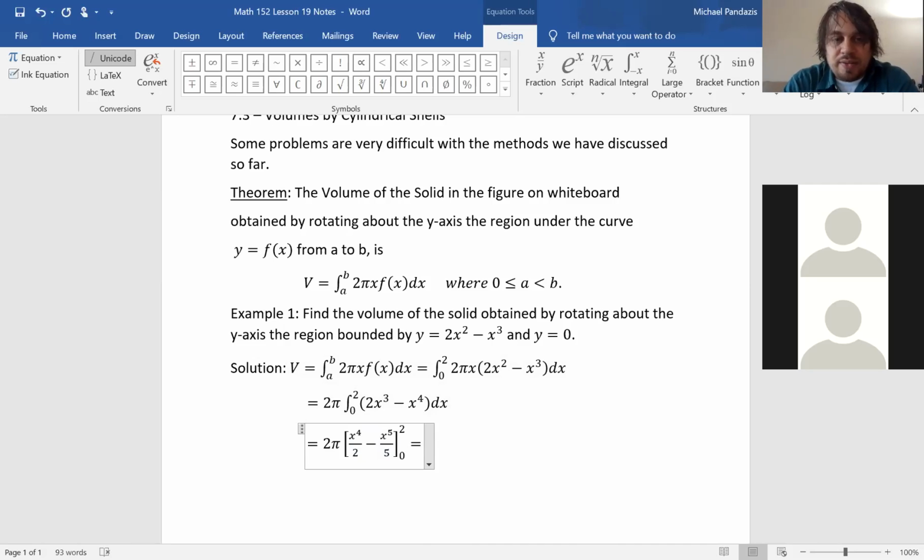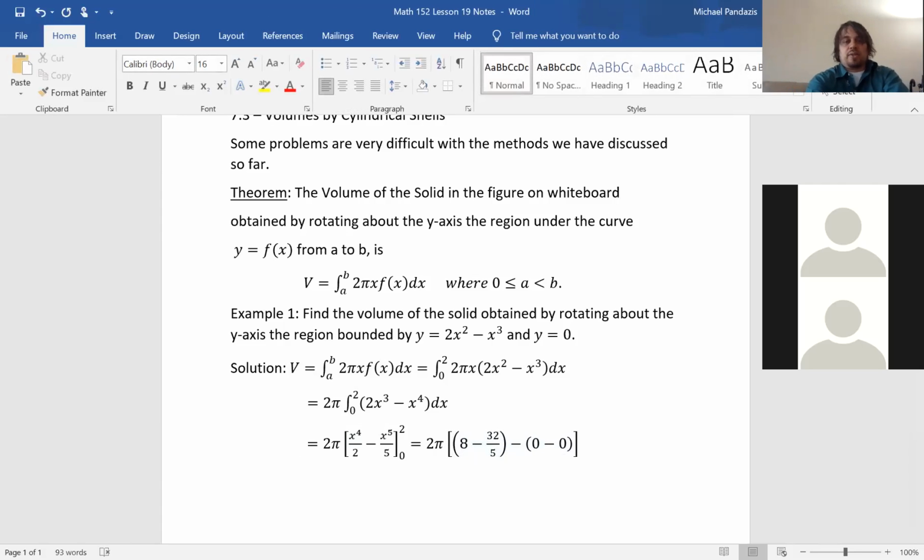Now you evaluate that, and you get 2 pi times one thing minus another thing using the fundamental theorem of calculus. When you plug in 2, you get 16 over 2, which is 8, minus 2 to the 5th, which is 32 over 5. And then when you plug in 0, you get 0 minus 0.